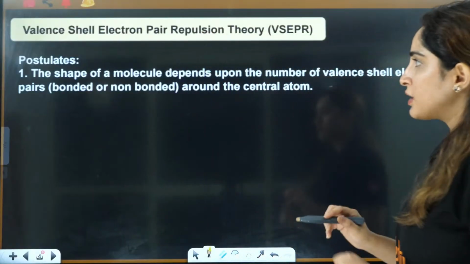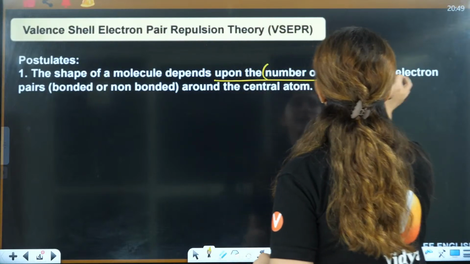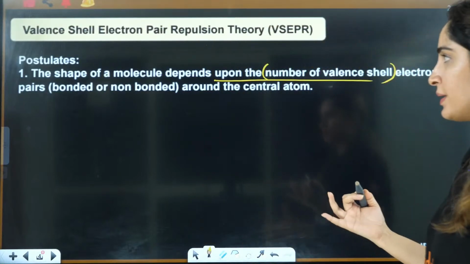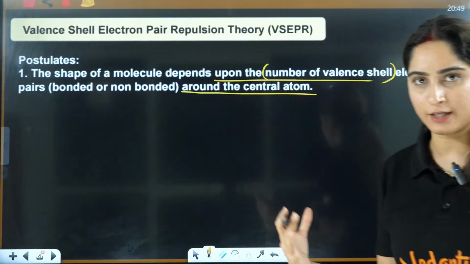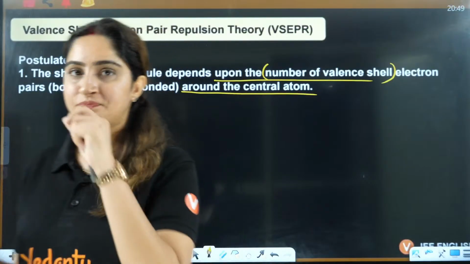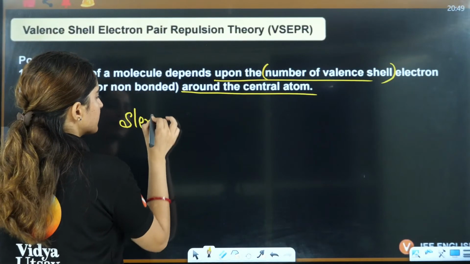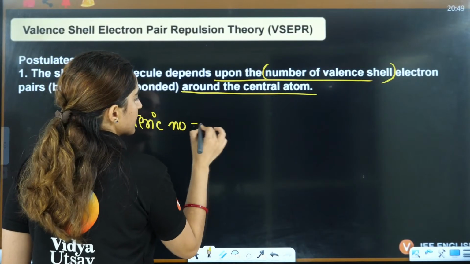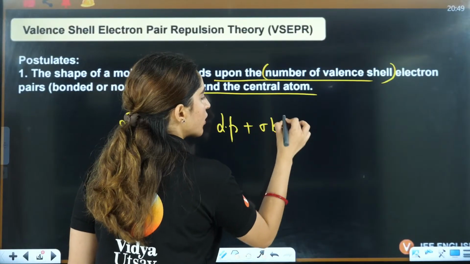Now the first postulate is the shape of molecule depends upon the number of valence shell electron pairs bonded or non-bonded around the central metal atom. Like in the last class we discussed steric number, that is defined by the lone pairs plus sigma bond pairs.